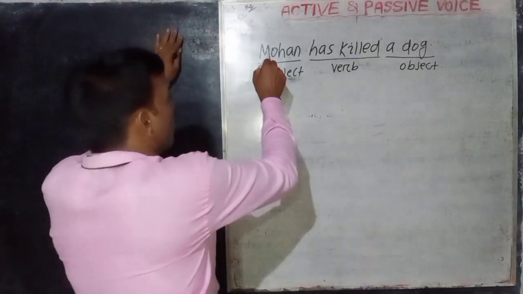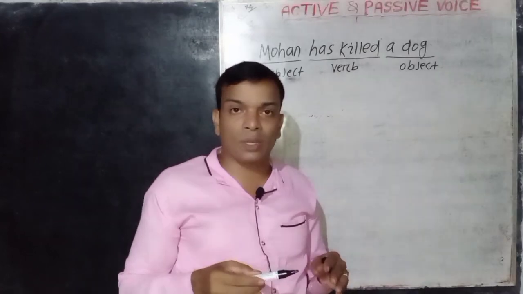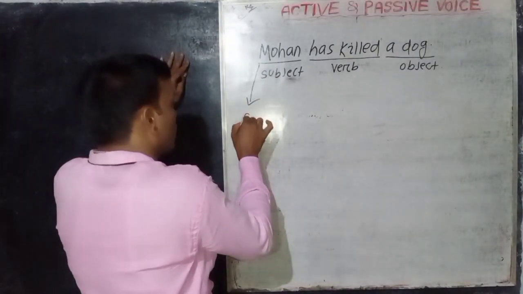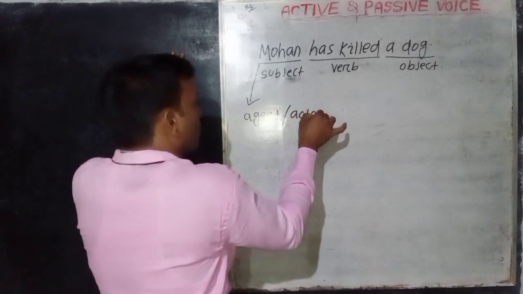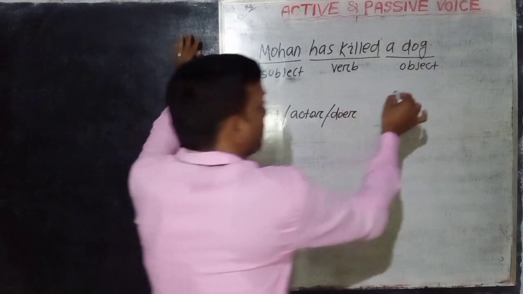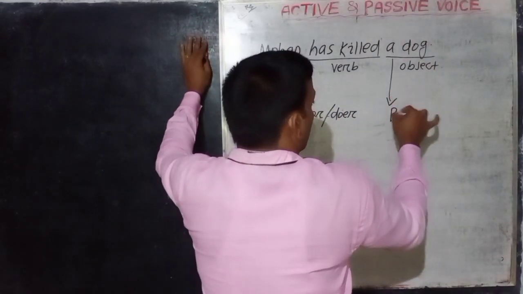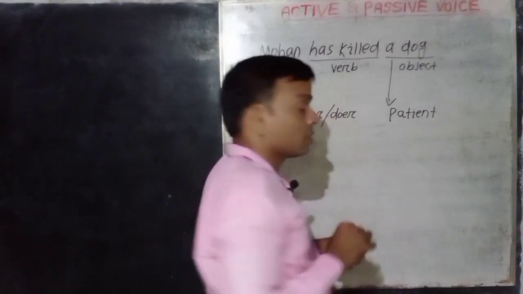So remember, here Mohan does the action, so he is called the particular agent or actor or doer. Ready? And here a dog is called the patient. Clear?